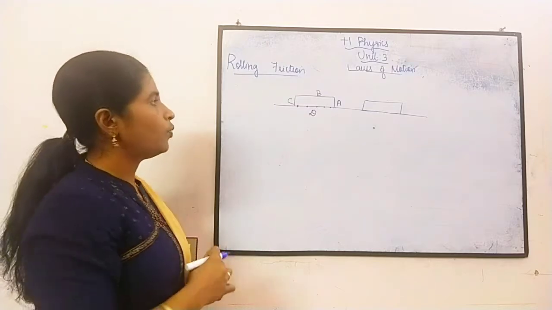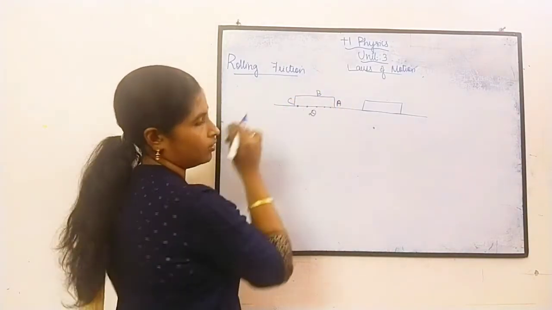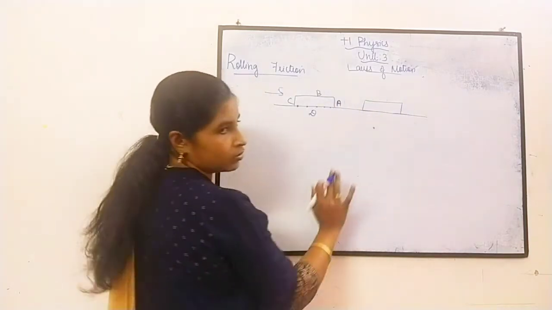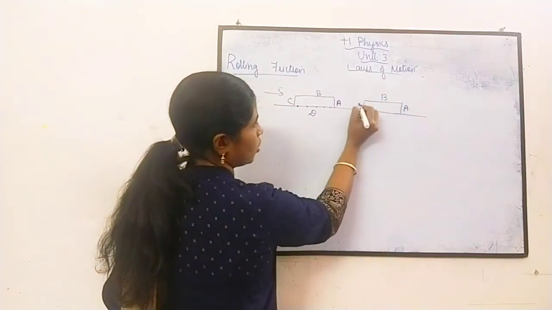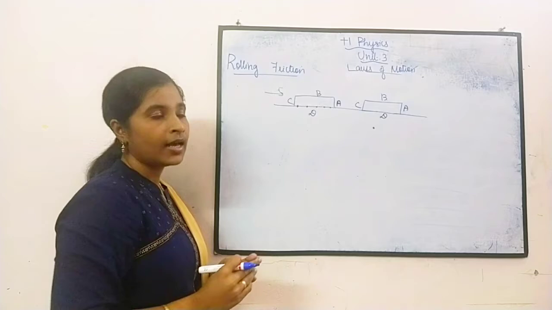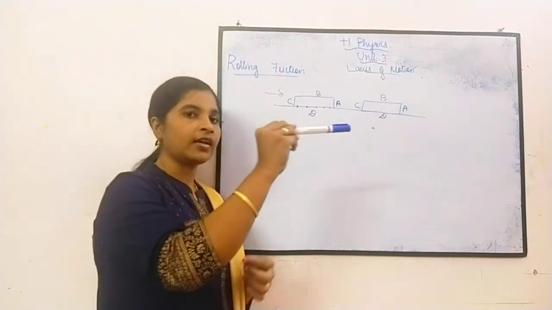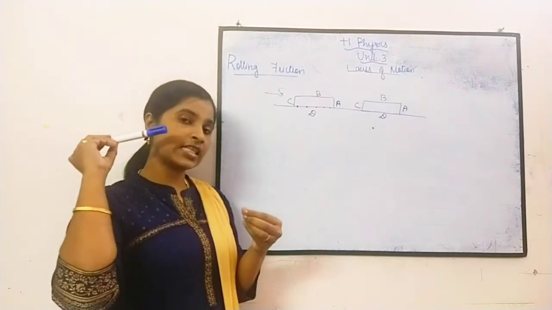Let us take this as surface A, B, C and D. We have applied a force, and because of that the body has moved. Even after the body has moved, the faces are like this only. If I place this pen and move it, there is no change in the faces.